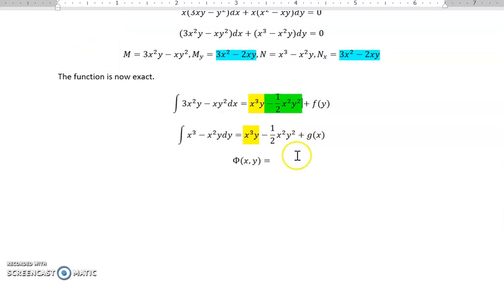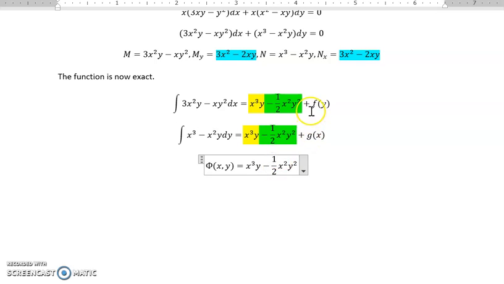Let's do green. Okay, so both of these terms contain both variables, both x and y. x cubed y minus 1/2 x squared y squared. If you have terms with two variables that don't match, then you did something wrong.